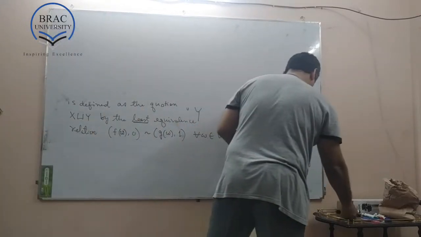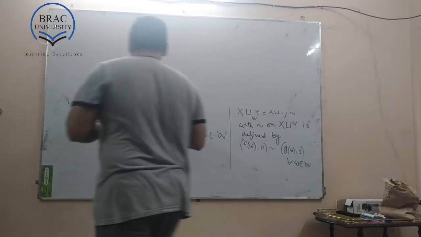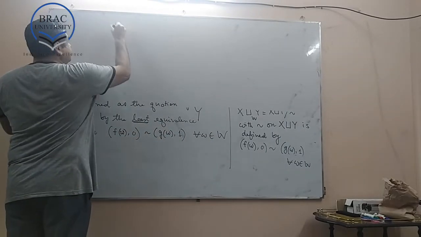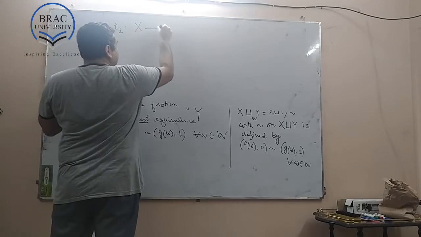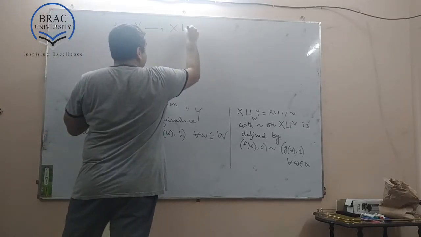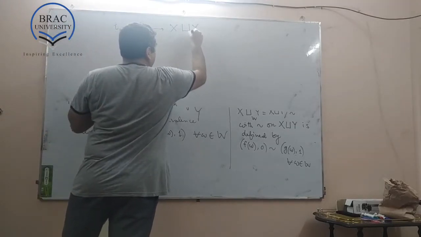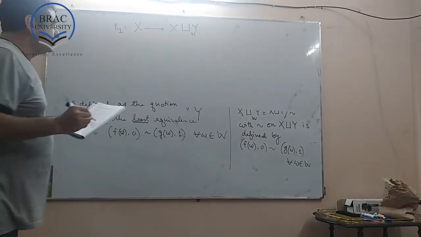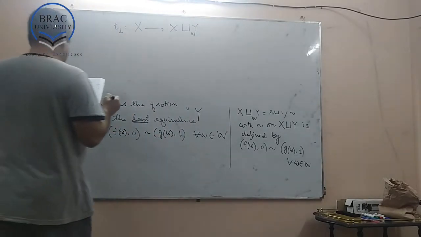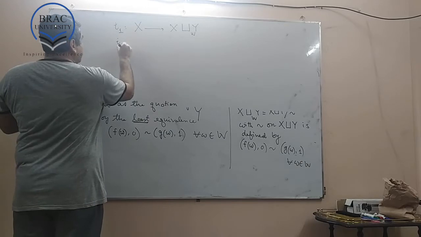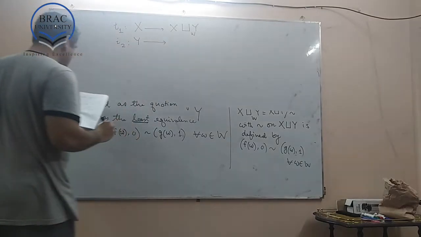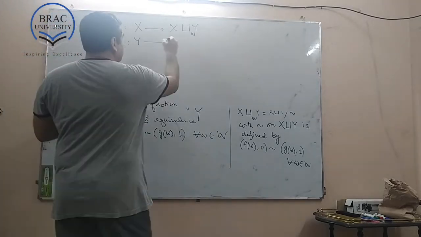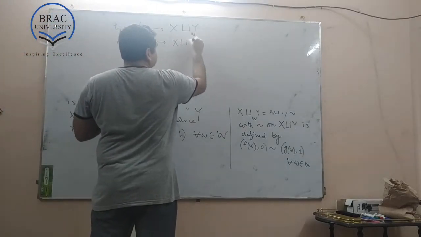Namely, I1 from X to the fiber sum of X and Y over W, and I2, the inclusion of Y in the fiber sum.